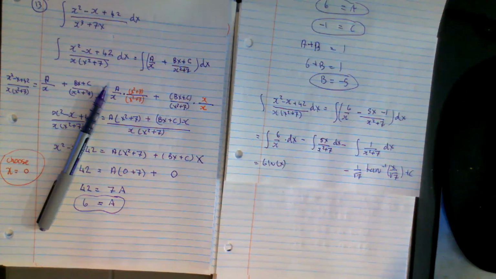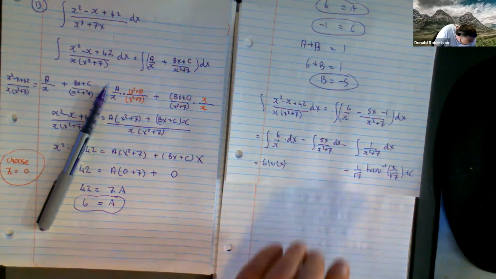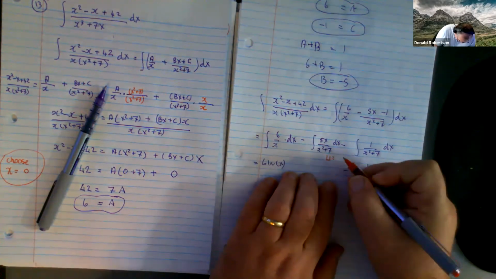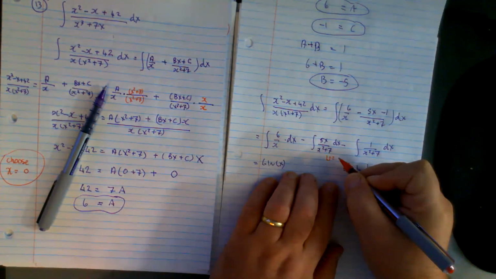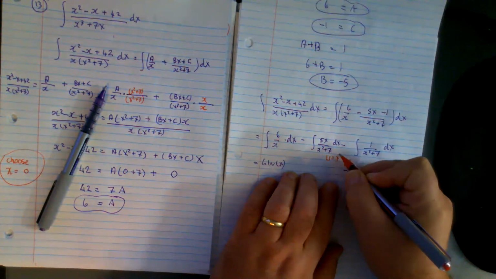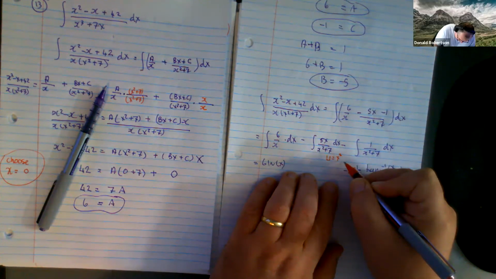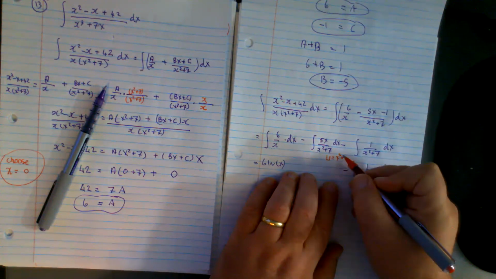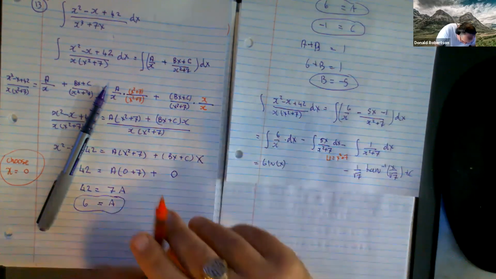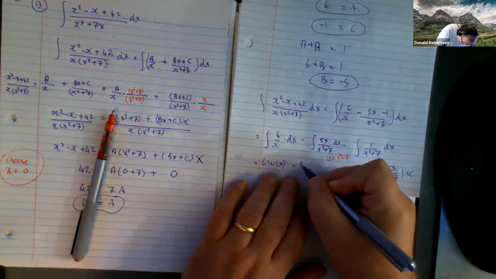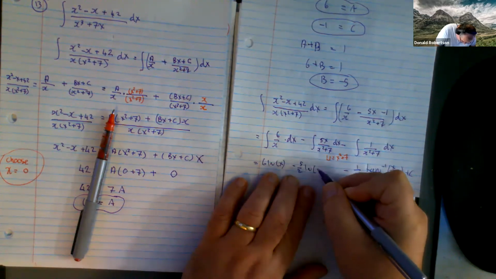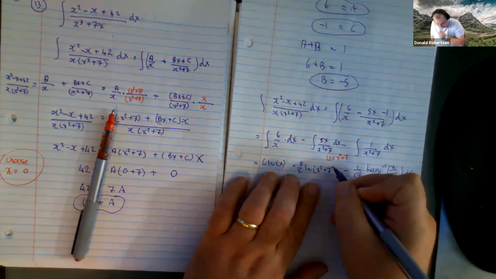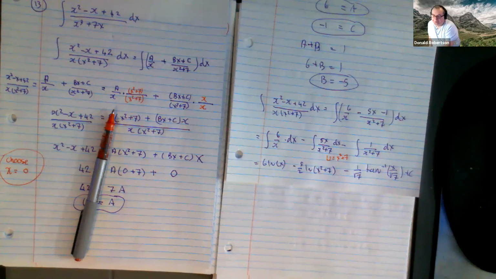Do you use a u substitution? Yes. And who's the u sub going to be? The entire denominator, x squared plus 7. And you're going to trust me because you don't have the time, that it'll eventually become that. You can check it out.